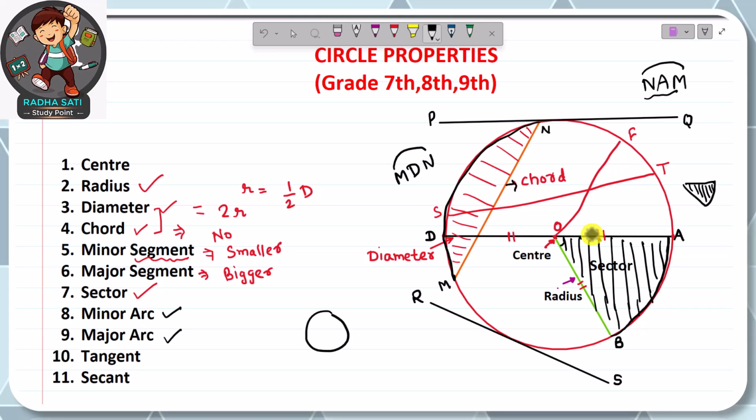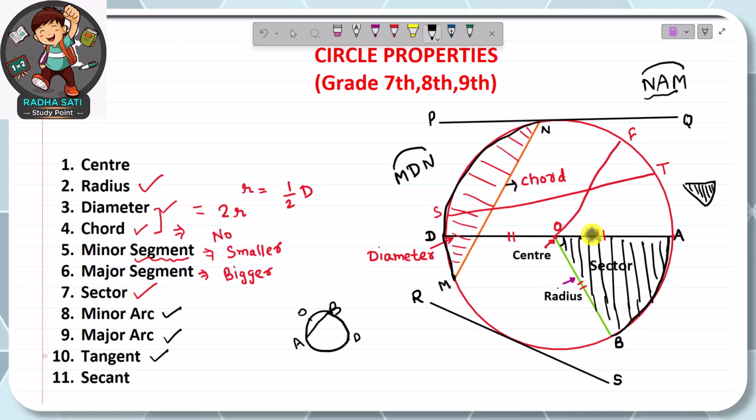So for example, if this is a circle, this is a chord AB. So this AOB will be minor arc, and the remaining one, BDA, will be major arc. Minor arc and major arc. Again, minor stands for smaller and major stands for bigger.